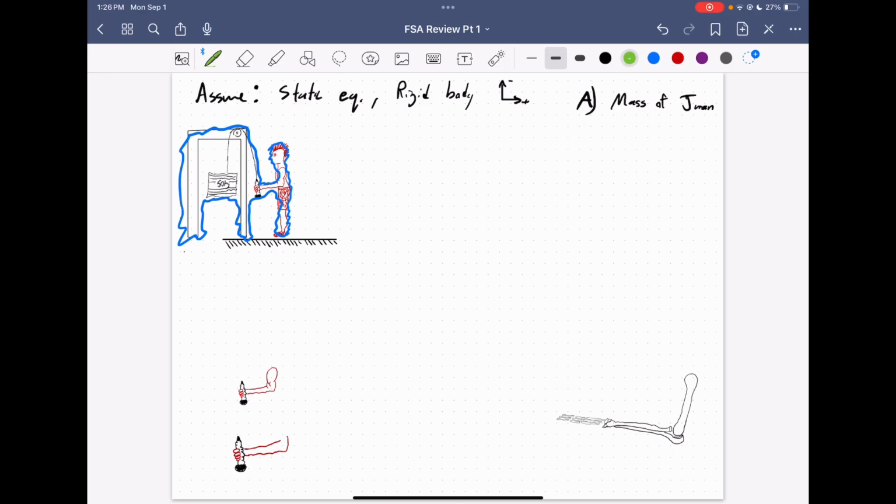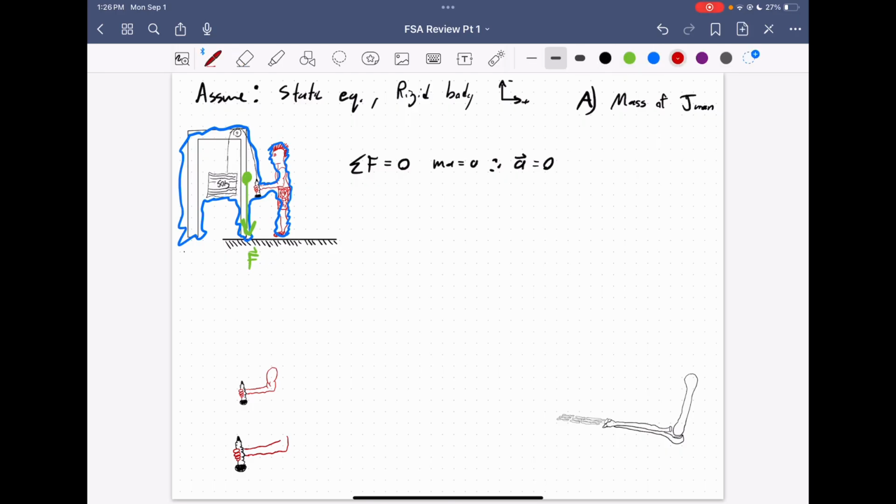We also know it has a weight. Now the weight of this system is going to be Jimothy's weight plus the weight of this rack and apparatus. So we know it's going to have a force here. We'll draw that in green. And we know, with static equilibrium, the sum of forces equals 0, which means mass times acceleration equals 0. Therefore, we know acceleration equals 0. It is not moving. So Jimothy's not sinking into the ground.